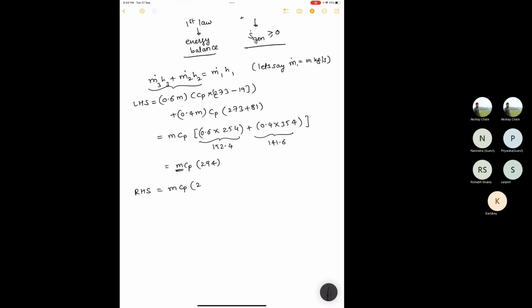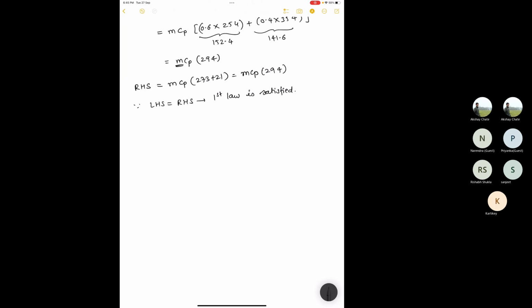Cp into T1, 273 plus 21, so this is m Cp into 294. Since LHS is equal to RHS, the first law is satisfied. So 50% of the work is done.